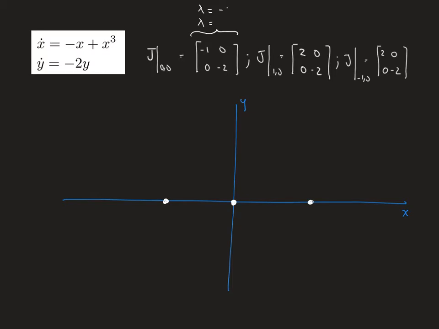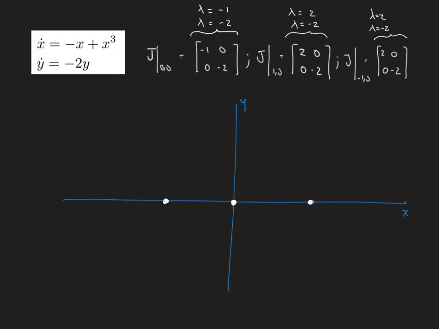We have minus 1, minus 2. The eigenvalues of this one are 2 and minus 2. And of this one, the same, 2, minus 2.